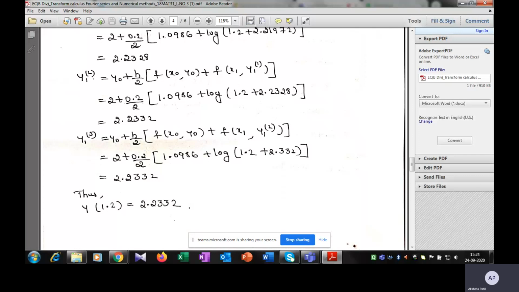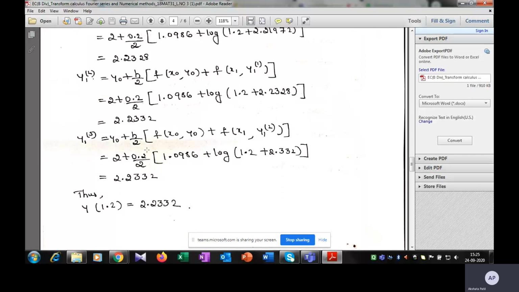So put the value of y0 here, that is 2, plus h is 0.2 by 2. The function of x0 comma y0 we already calculated above. So throughout this example, this value f of x0 comma y0 will remain the same. So put the value here, 1.0986 plus the function of x1 comma y1 of second iteration.